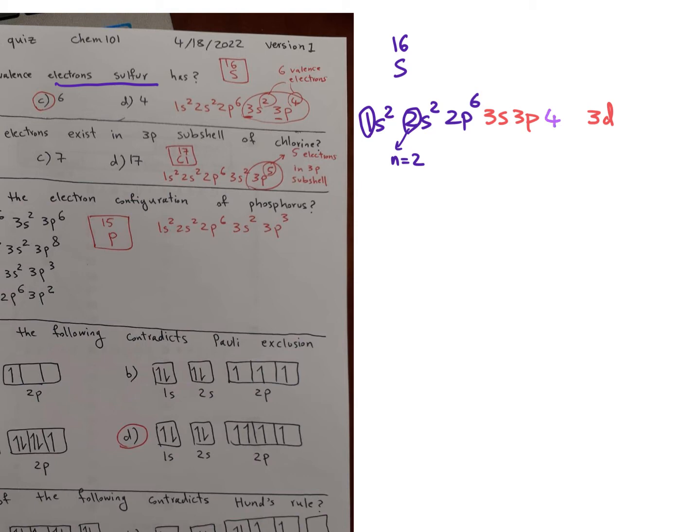So I fill out 4s first. So how many electrons should I put in 3s? 2. What about 3p? What about 4s? 2. What about 3d?